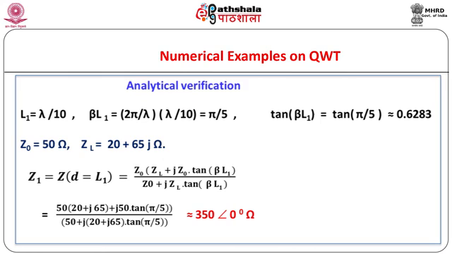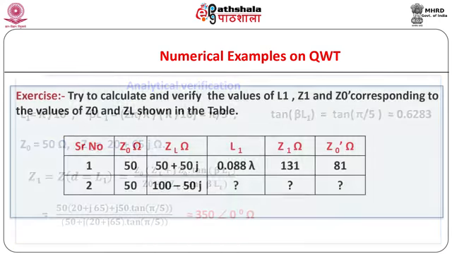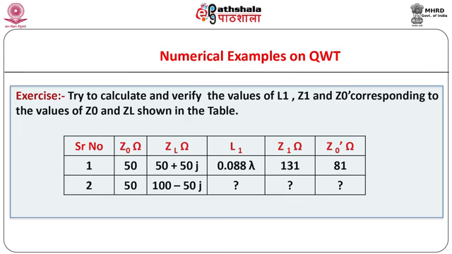We can verify the fact that value of Z1 is real by using the analytical formula for calculating the impedance of a transmission line at a distance d from the load as shown. As an exercise, try to calculate and verify the values of L1, Z1 and Z0' corresponding to the values of Z0 and ZL shown in the table.